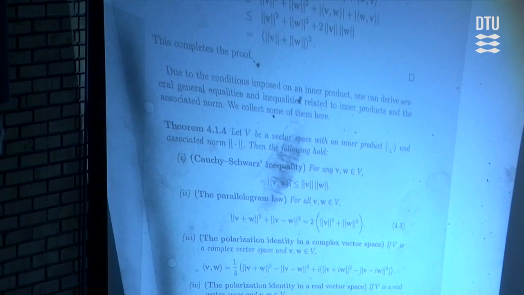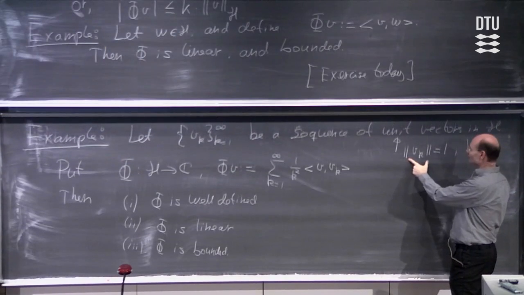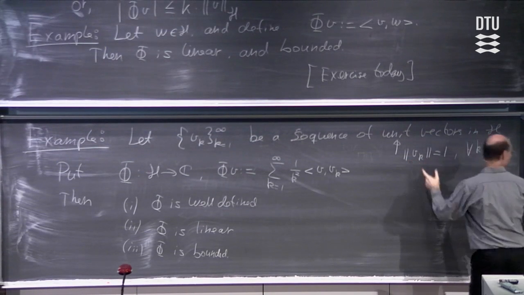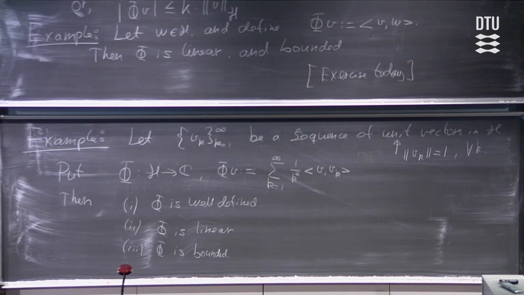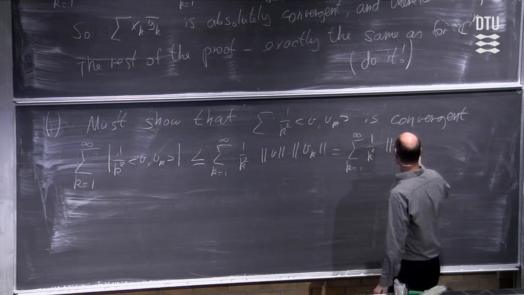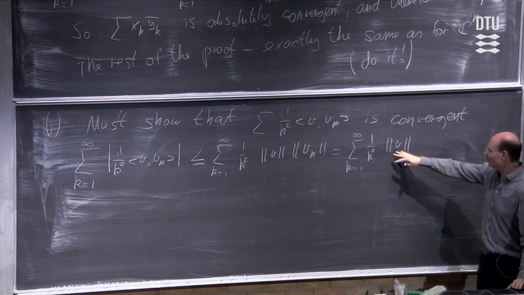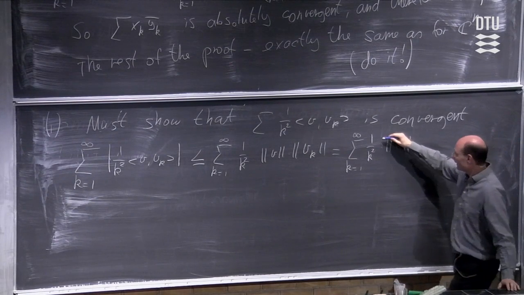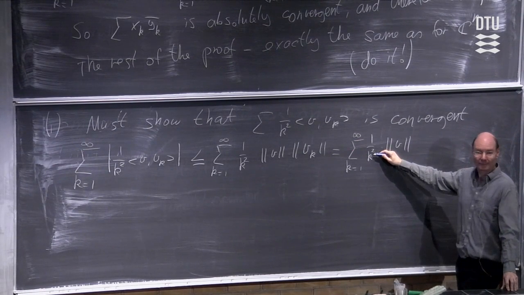But this is equal to 1. The norm of vk is equal to 1 because this is our assumption that we are dealing with a sequence of unit norm vectors. So all of them are equal to 1. So this means what comes out here is the same as the sum, k equal to 1 to infinity, 1 divided by k to the power 2 times the norm of v. And the norm of v is just some number, and this is a convergent series.